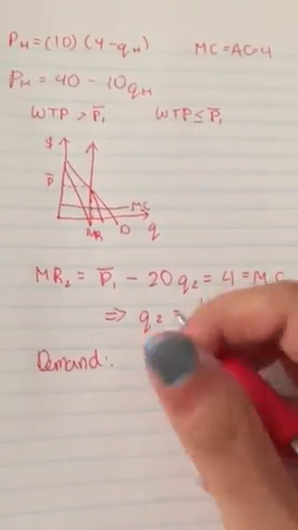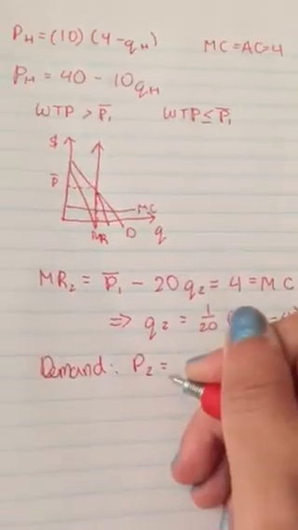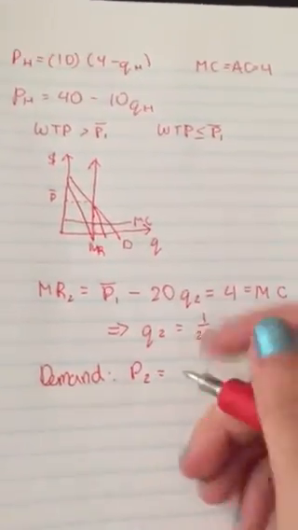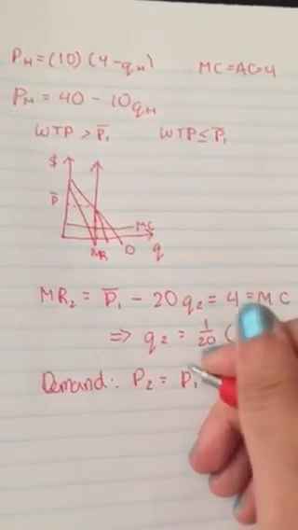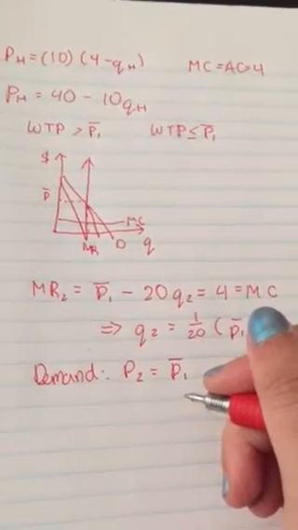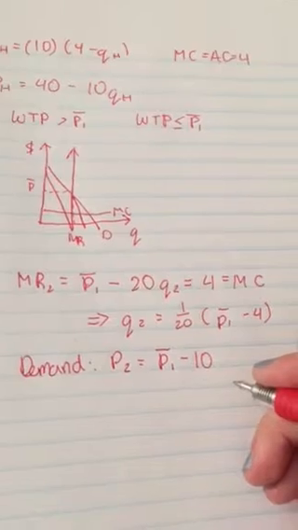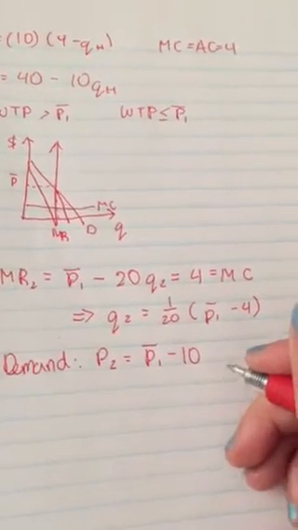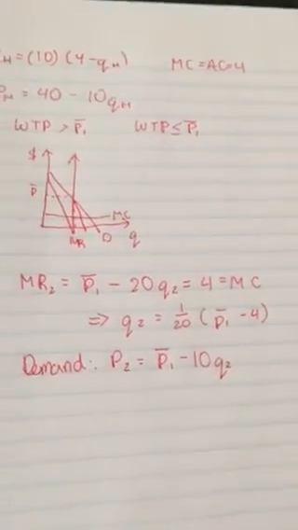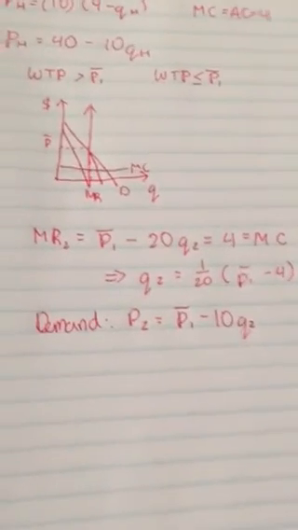Okay, now I want to find the demand curve. I know that the demand curve is basically P2 is equal to something. Well, I know that the y-intercept for the demand curve in stage 2 is just P1 bar because of what I showed you. And I know that the slope is still negative 10. So that means that the quantity is Q2 because we're working with, again, quantities in stage 2.